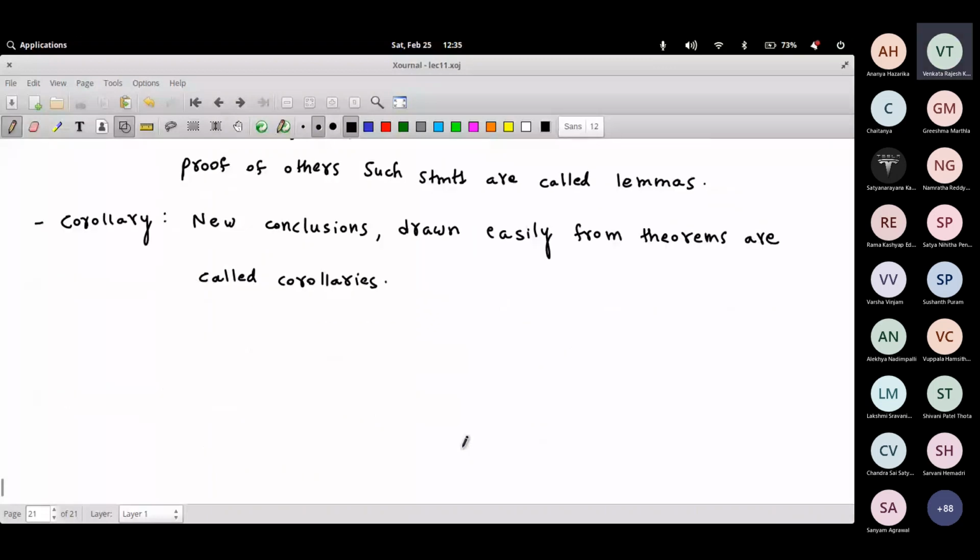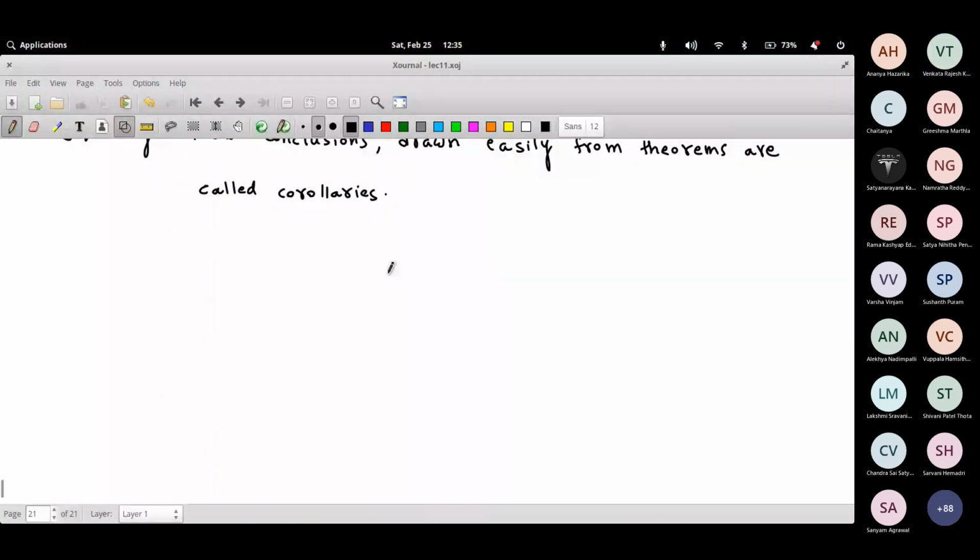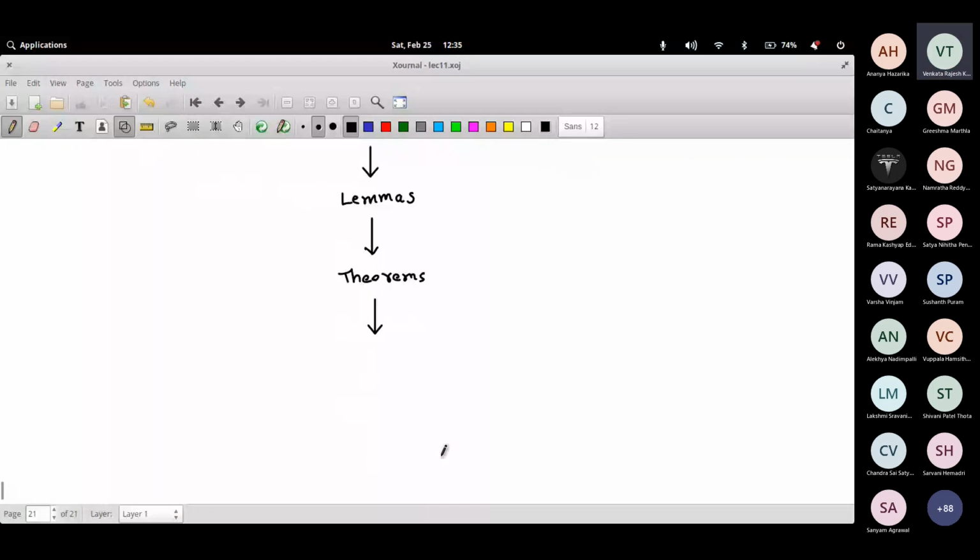Okay, so the sequence is something like this. So you have axioms from which you prove lemmas, using which in turn you prove theorems, and as a byproduct of theorems you will get corollaries.